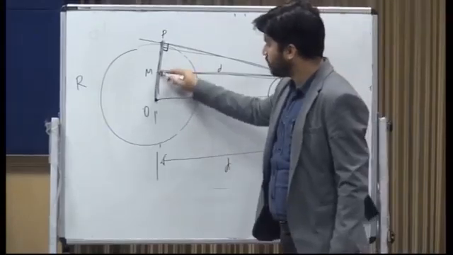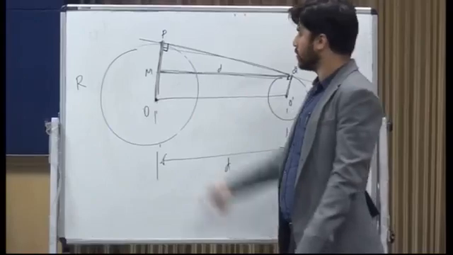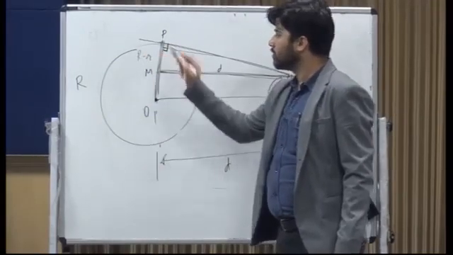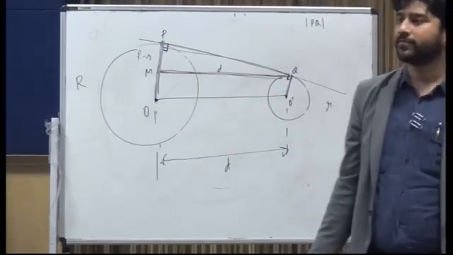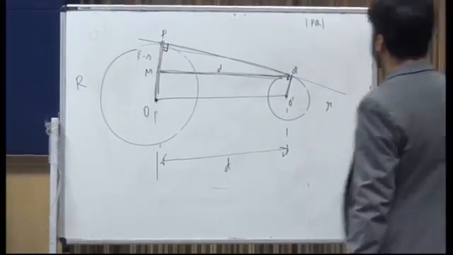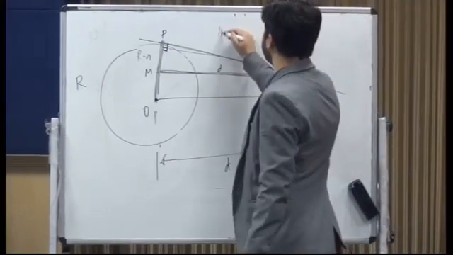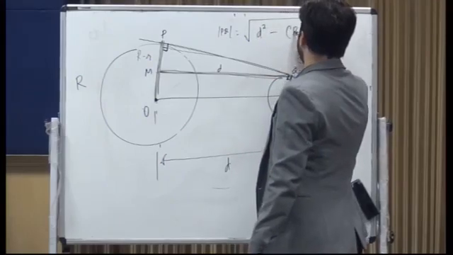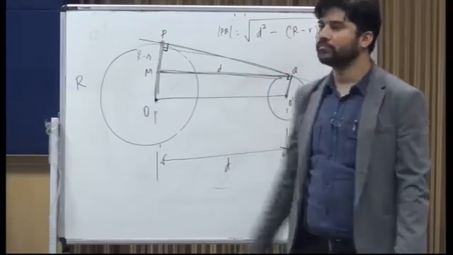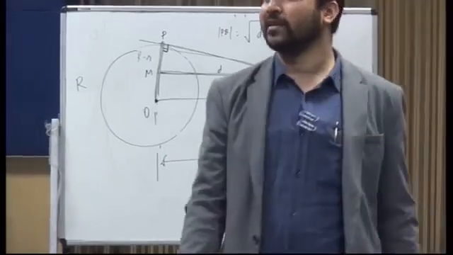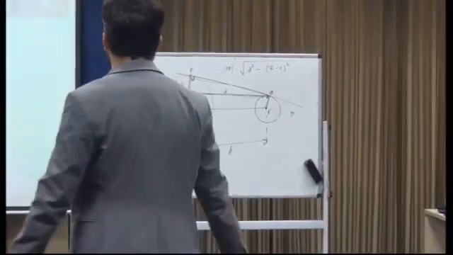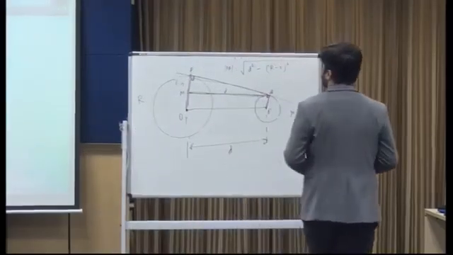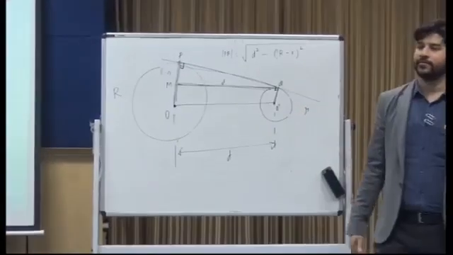And what is the length of OM? They are parallel. So what will be the length of PM? Right? So can I guess what should be the length of PQ? Right? This is how we find the length of DCT. Clear? So this is the way of finding DCT.